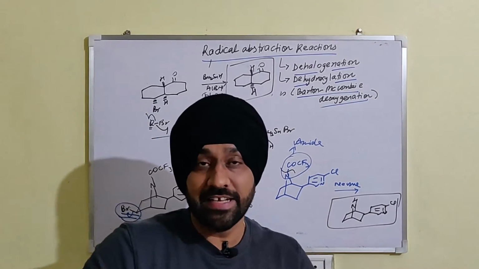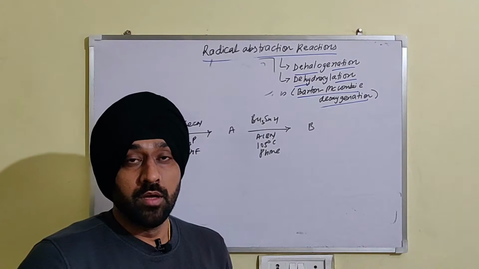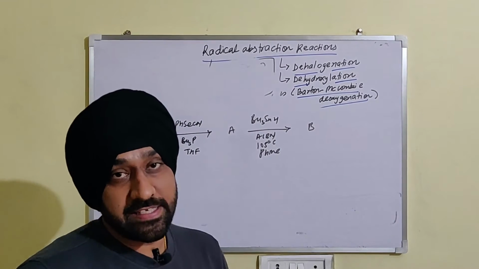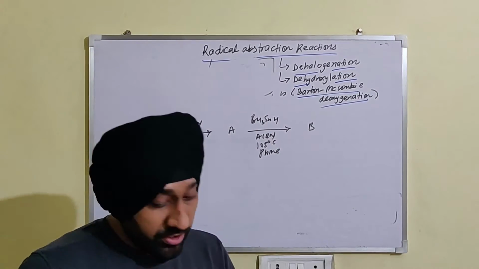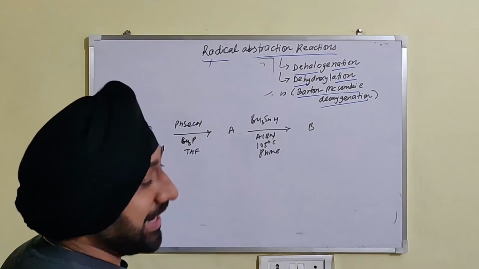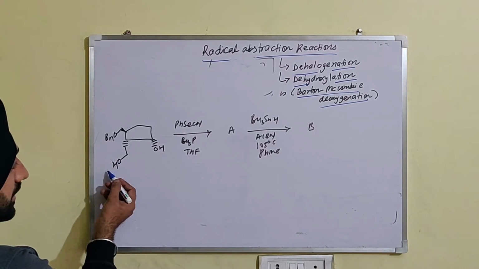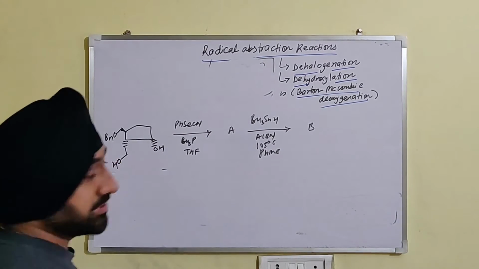Now let us look at one example where we use the phenylselenide. So far we have looked at examples of dehalogenation. Now let us look at one example where dehydroxylation is done. This is a sequence of reactions that is given to us.